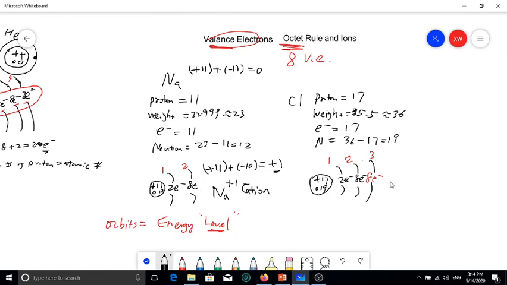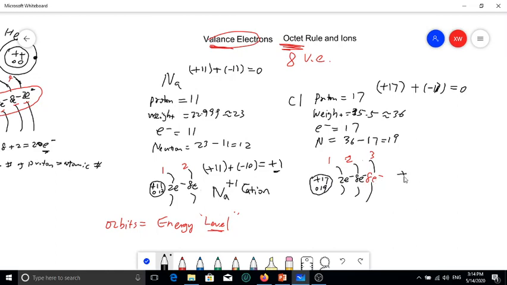All right, so let's look over to the chlorine. It still has 17 protons in the nucleus and 17 electrons, so the overall charge is 0. Now the situation is a little bit different. Nothing has changed in the nucleus, neither proton nor neutron, but the number of electrons is different.